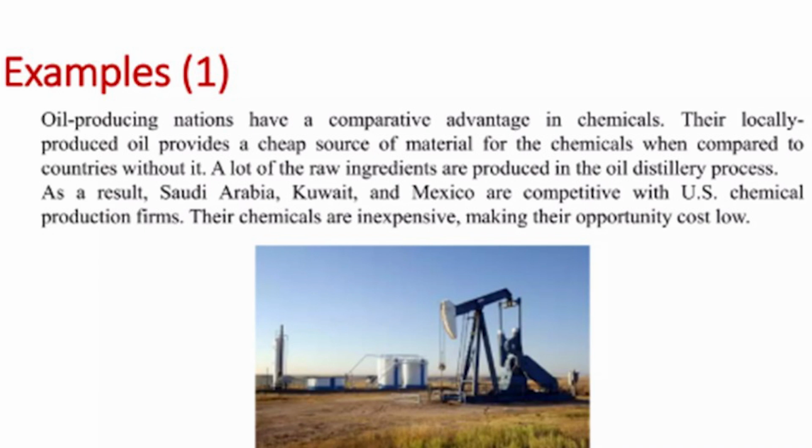As a result, Saudi Arabia, Kuwait and Mexico are competitive with US chemical production firms. Their chemicals are inexpensive, making their opportunity cost low. So in the case of oil producing countries like Saudi Arabia, Kuwait and Mexico, they have a comparative advantage over other developed countries like the USA.